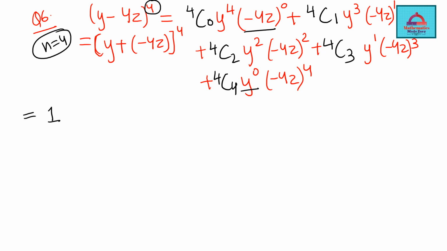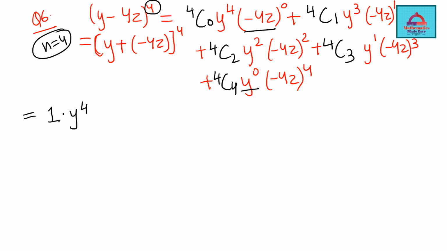So this term goes, we are just left with y to the power 4 here. The last term is going to be, now there is a negative sign but an even power. So remember, when you have a negative sign and an even power, the result is positive. However, if you have a negative and odd power, it is going to be negative. So just keep that in mind.